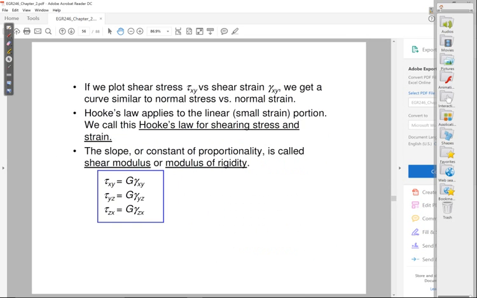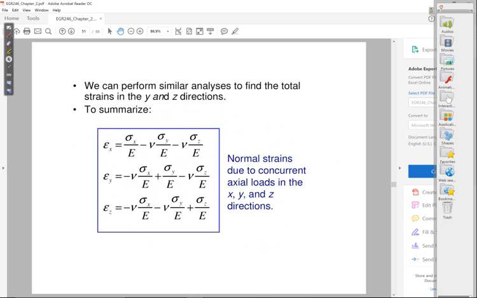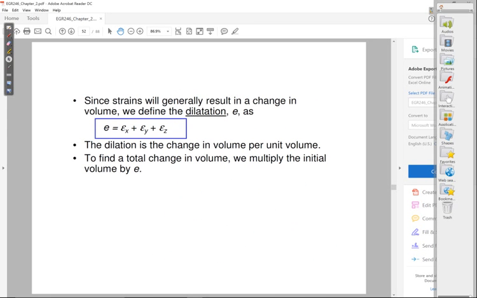The shortcut has to do with this. This is a very interesting property, and it's useful, okay, in situations like this. There's something that is defined as the dilatation, okay, lowercase e, and it's given as this.